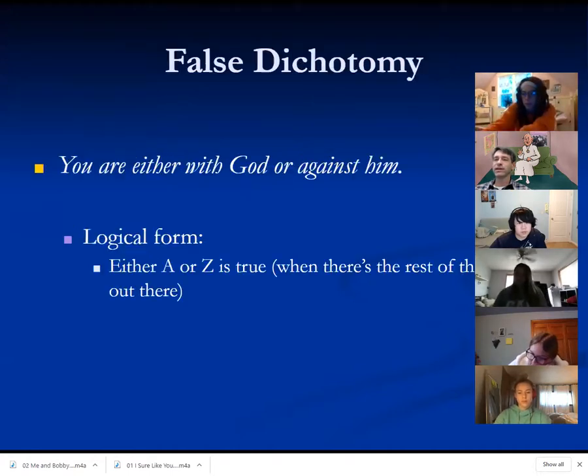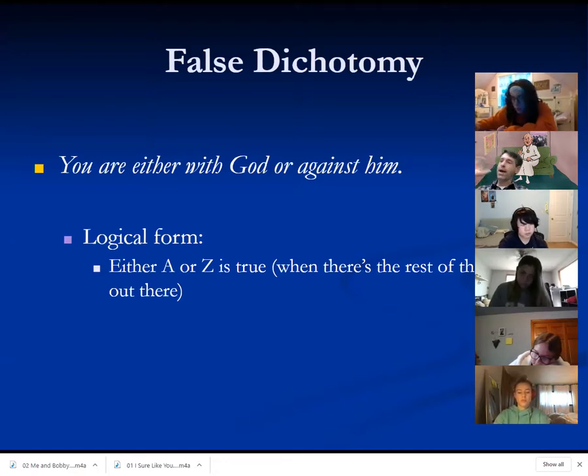You don't have to write it down. False dichotomy. You are either with God or against him. You either absolutely love America and you are a patriot and you wave the flag every day of your life, or you are an evil leftist Marxist.